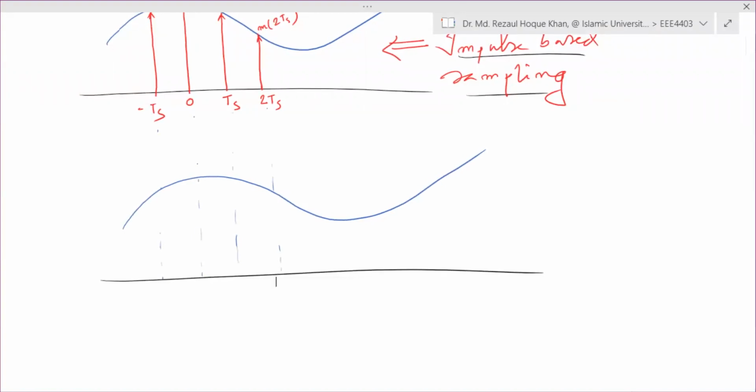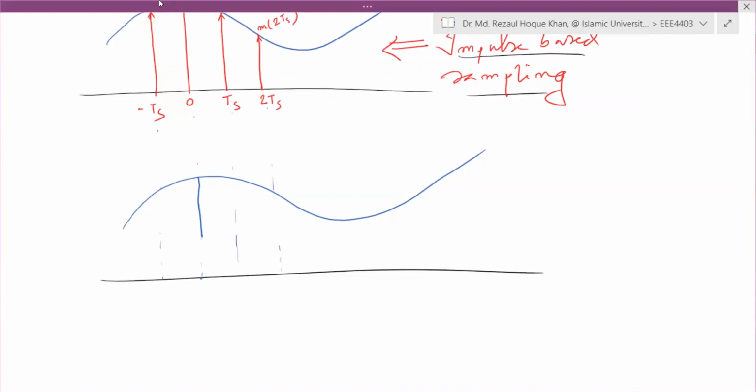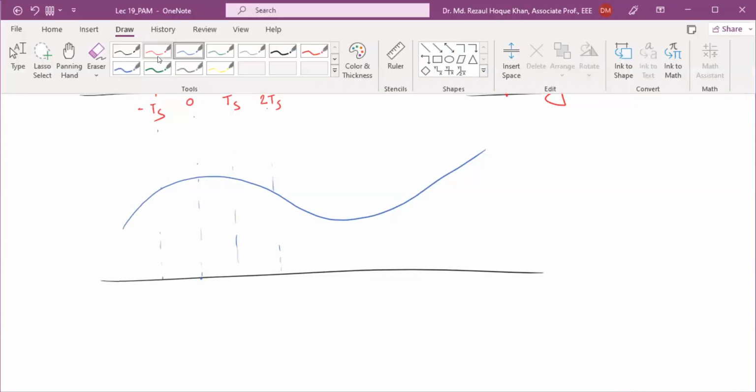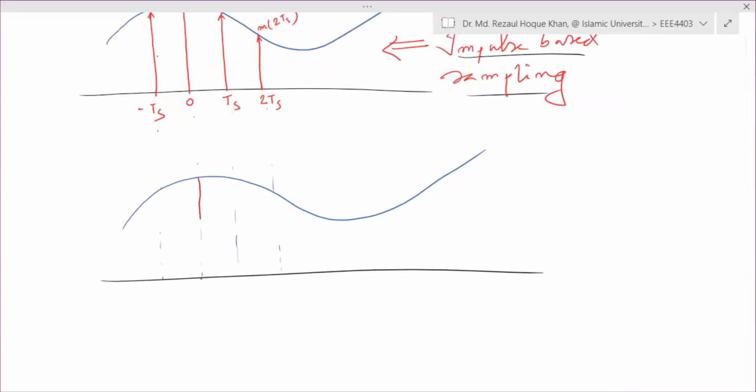In pulse based sampling, for example at 0, we will have a pulse, and this pulse will have a duration t.